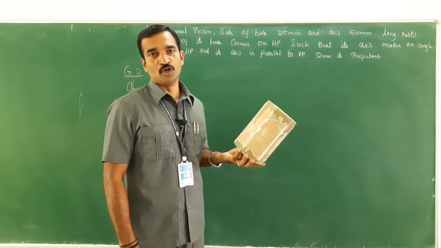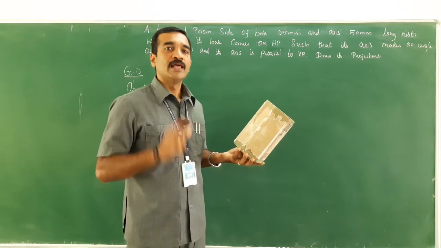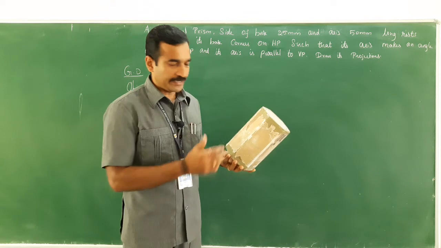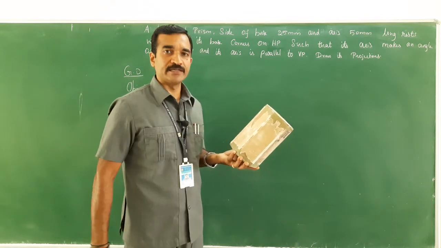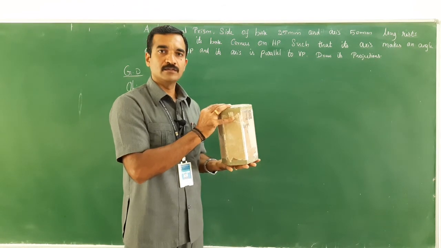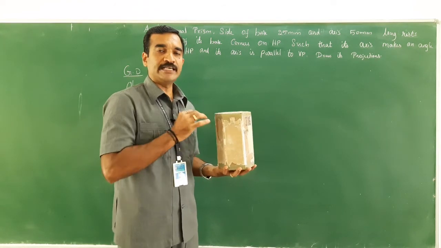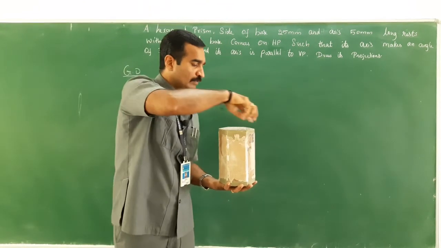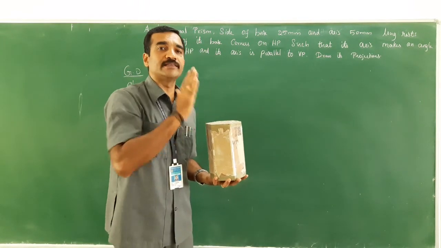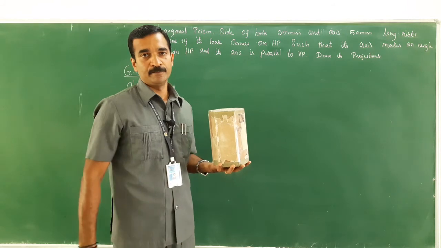In that scenario, first we assume the axis is perpendicular to one of the planes. Here the axis is inclined to HP, right? So if I make that axis 90 degrees, now I can see the true shape from the top. This true shape will fall on HP, therefore I will have to start the diagram on HP.